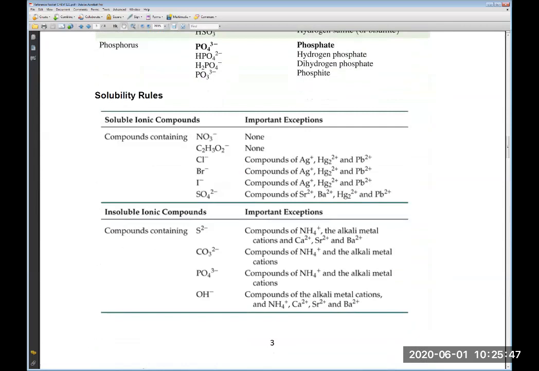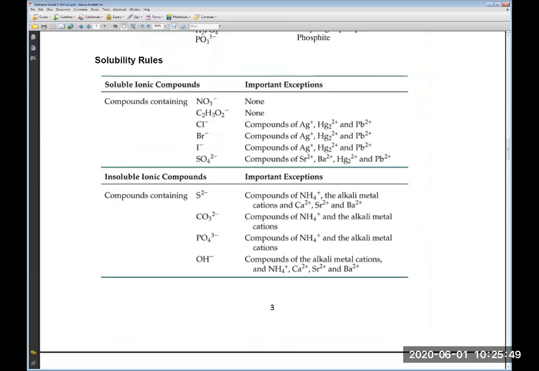It's called the solubility rules, and depending on the ions that are forming your compound, it tells you if it will be soluble or not. The first part of the table tells you the ions that will make soluble compounds, and there are some exceptions, so you want to read the table completely before you decide.